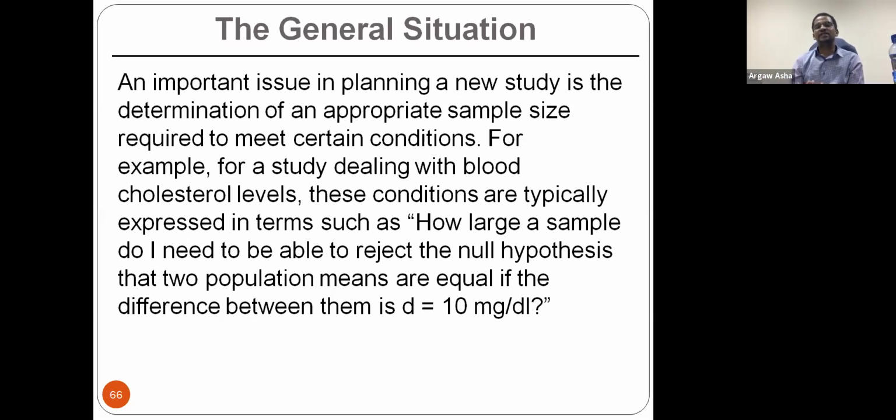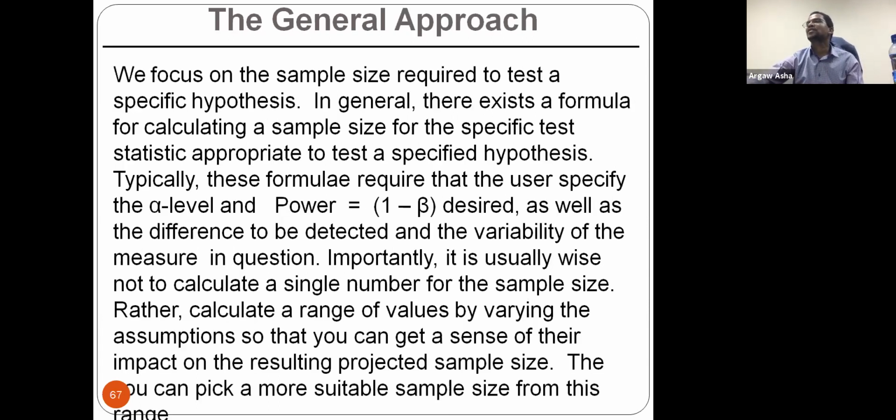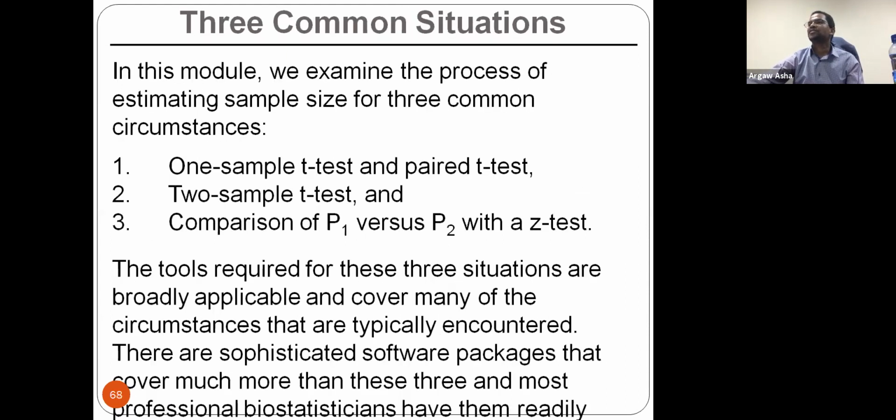If you have one research data set, you can go to a new one, or you can extend the old one. So in this case, how large a sample do I need to be able to reject or accept those data, which I already mentioned earlier.